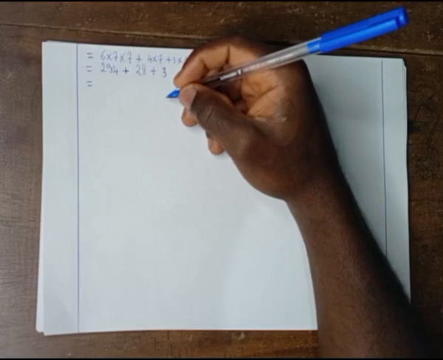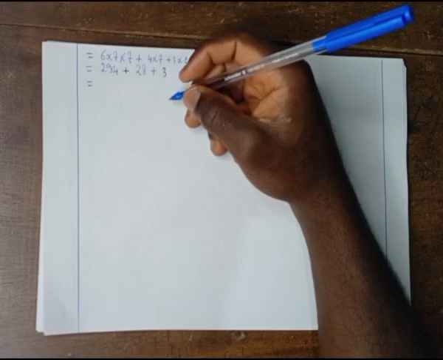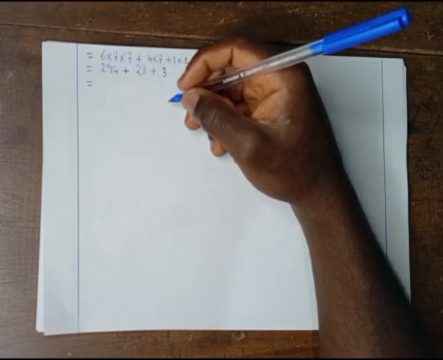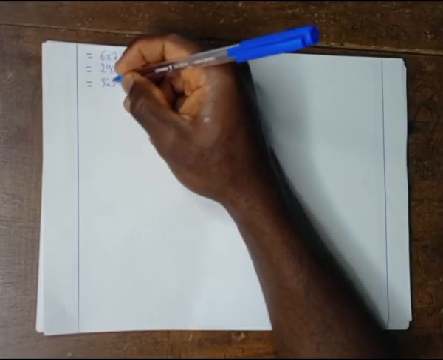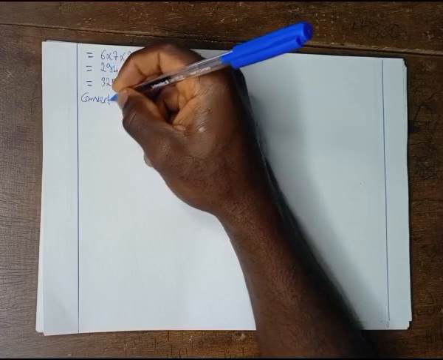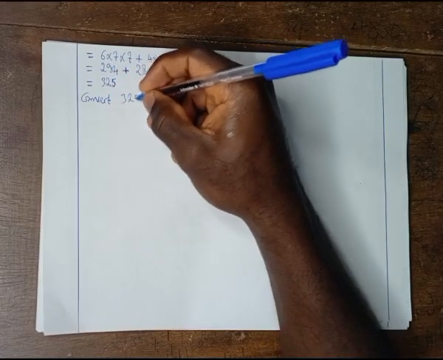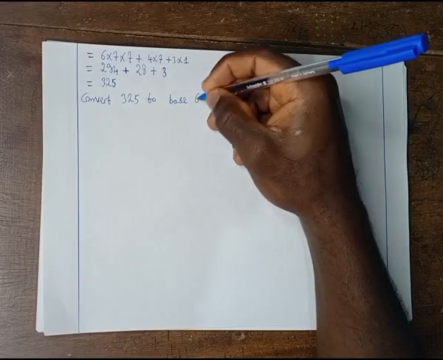This will give us 294 plus 28, which gives us 322. And plus 3, it gives us 325. Next, now we have to convert the number 325 to base 6.